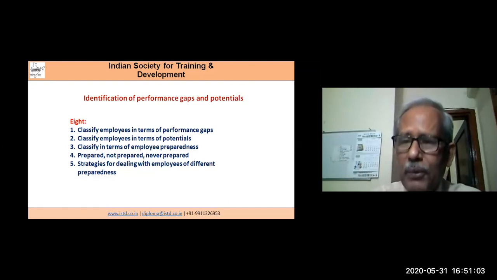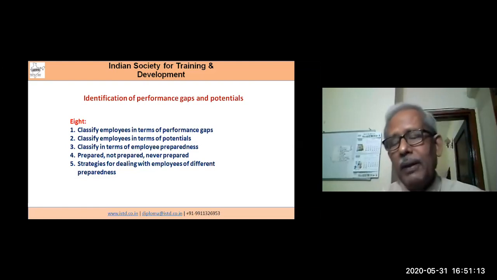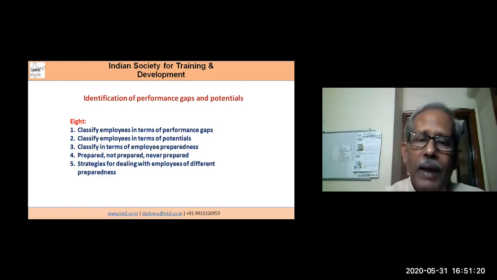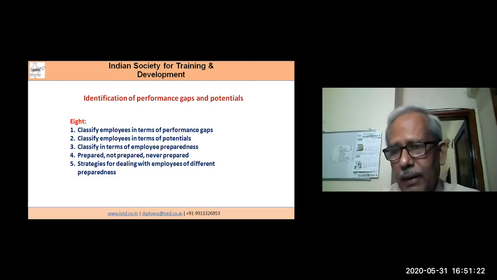It's better to keep them in the last list, whenever there is no other way out, because they are useless. So prepared, not prepared, and never prepared, that is a classification of the employees who are going to be used. Strategies for dealing with employees of different preparedness. How we are going to deal with them.